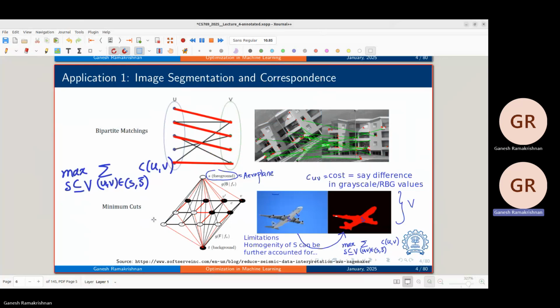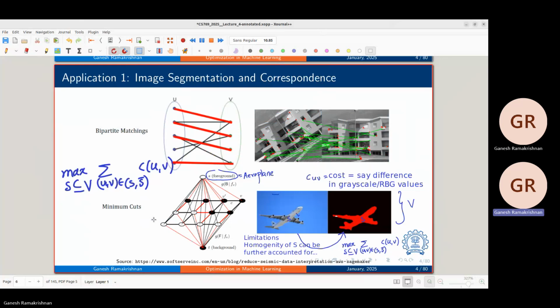The notation: sum over (u,v) with u in S and v in S complement of C_uv. I could also consider a subset of V such that the summation over (u,v) in S of C_uv is minimized. This is another formulation.